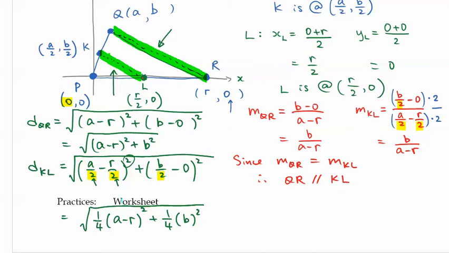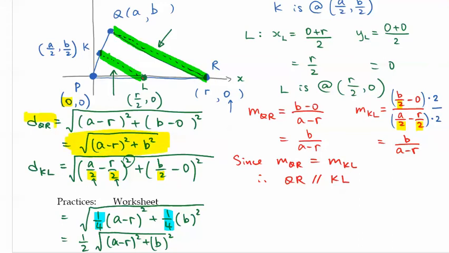And seeing how we have a quarter here and a quarter there, if I continue to factor out the 1/4 from both of them and put it at the front, the square root of 1/4 would then give us 1/2. And that will give us a similar expression as the one that we saw.